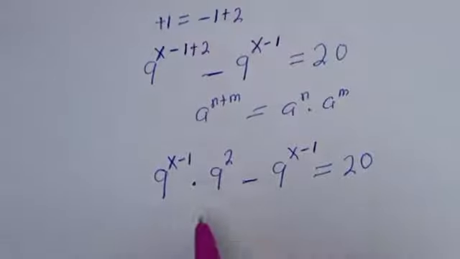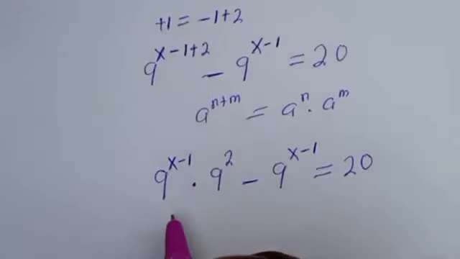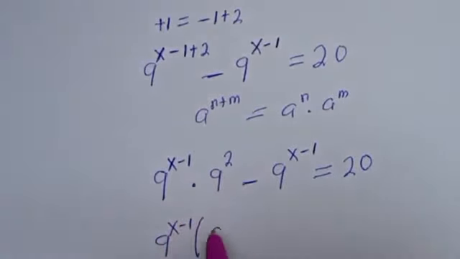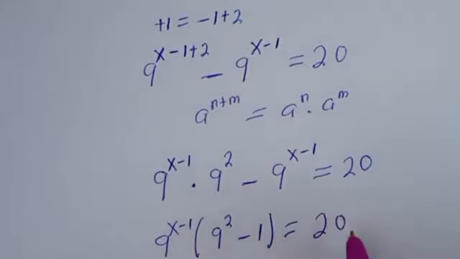Then at this point, 9 to the power of x minus 1 is common. Let's bring it out. We have 9 to the power of x minus 1, then bracket, if you divide this by this, we have 9 squared, minus, if you divide this by this, we have 1, is equal to 20.